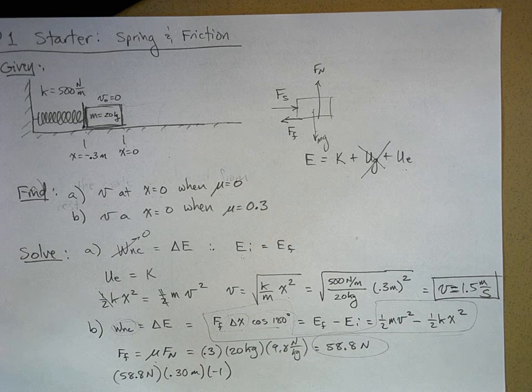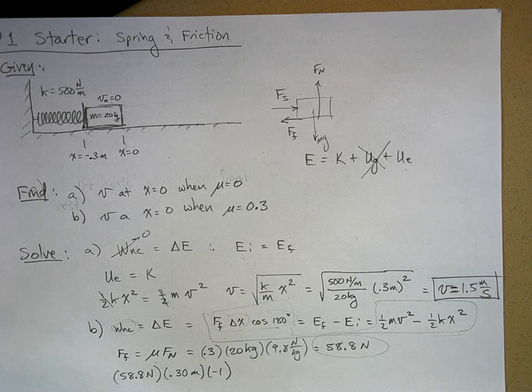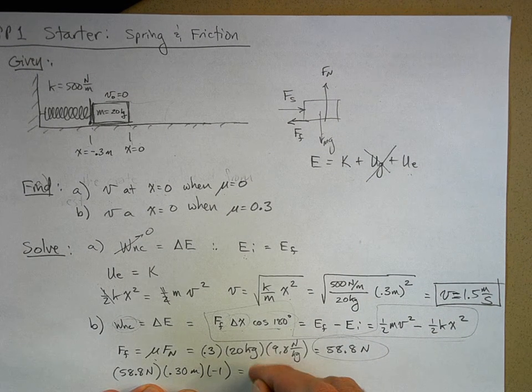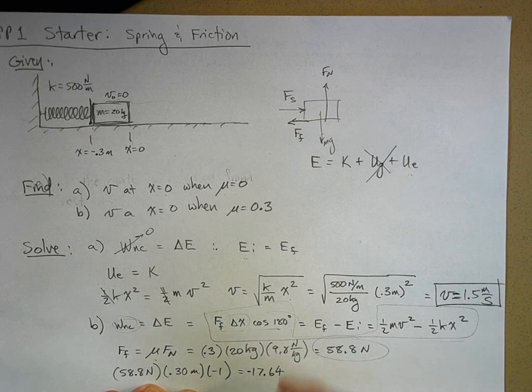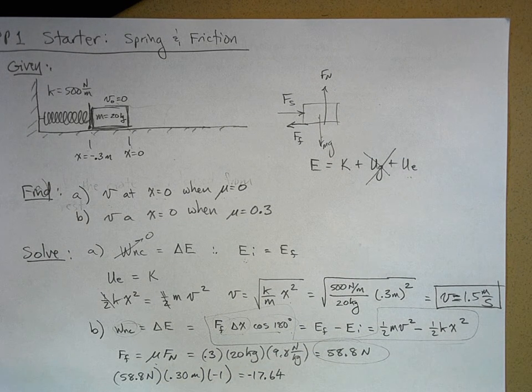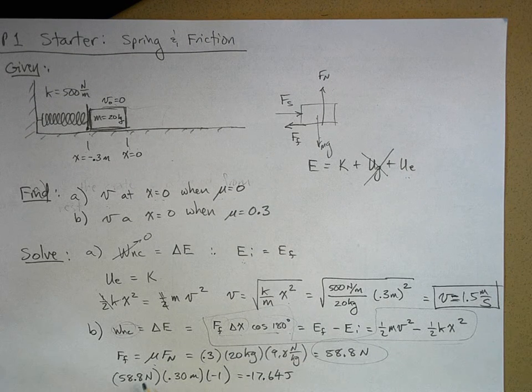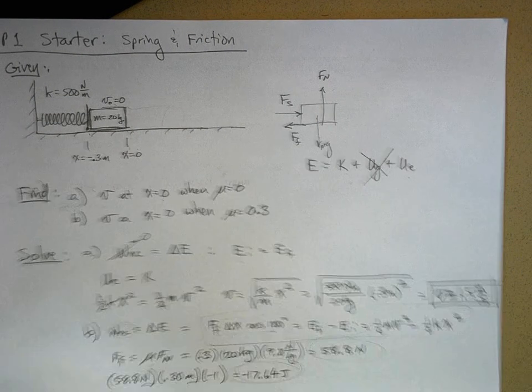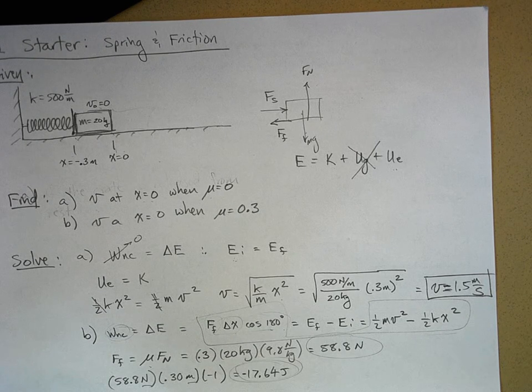So times 0.3 equals, and I get -17.64 joules. A newton times a meter is a joule. So we know that's the work done by friction. It took that much energy away.